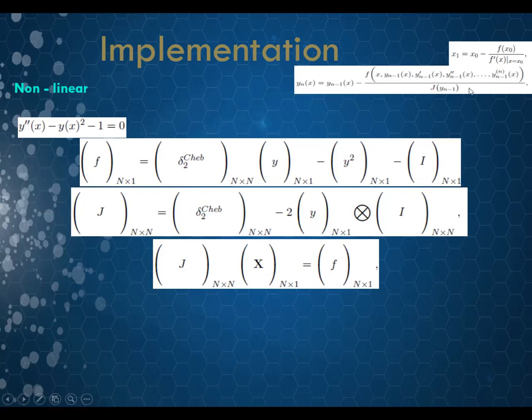And by finding these terms, we can find y_n equals y_(n-1) minus x. And by iterating this task, we can find the solution.